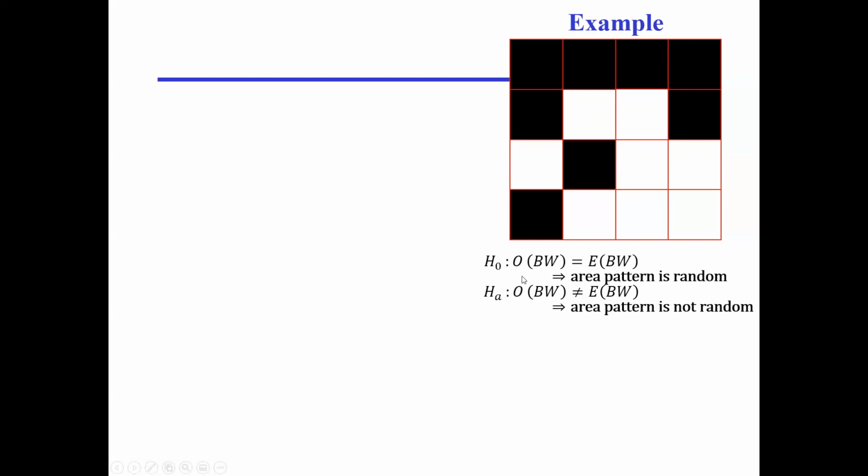Of course, the null hypothesis is that the observed number of BW is equal to the expected number of BW. If they are the same, then we say there is no spatial autocorrelation, or in other words, this area pattern is random. If they are not equal to each other, then we say there is spatial autocorrelation or the area pattern is not random.